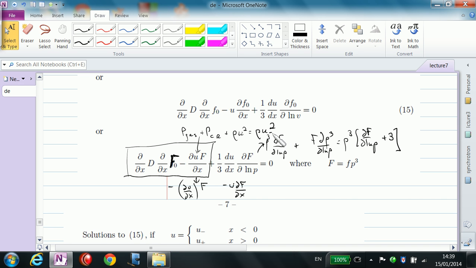In other words, the total momentum flux is a constant, assuming there's no pressure at minus infinity.